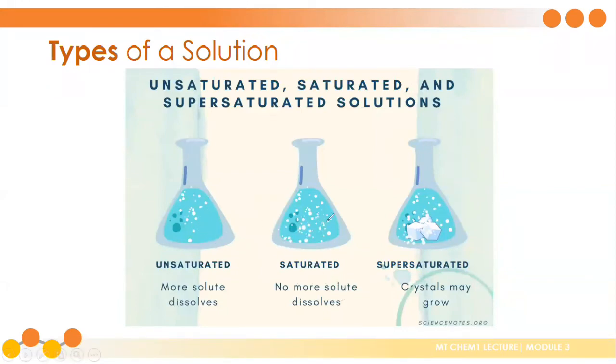In the saturated one, no more solute can dissolve because it already reached the maximum amount. In a supersaturated, on the other hand, crystals may grow, as mentioned a while ago, because of the excess solute that it has, and the solvent cannot dissolve further. Crystals can grow at the bottom of our solution. This is the difference between the three types of solution.